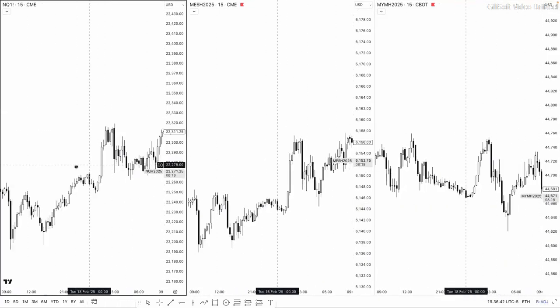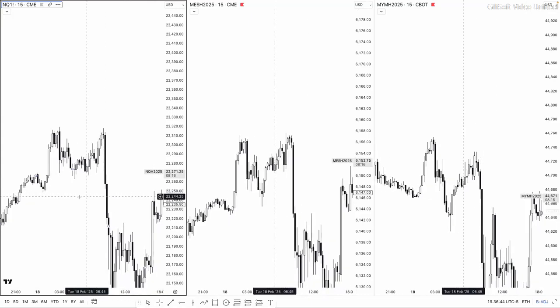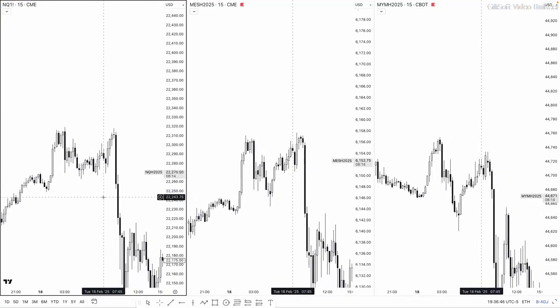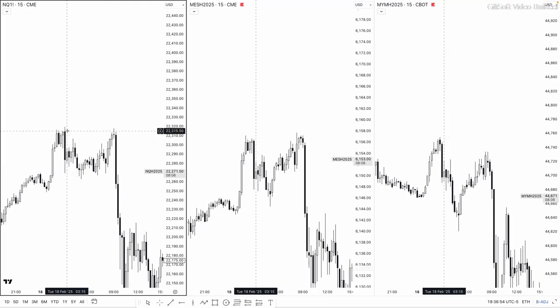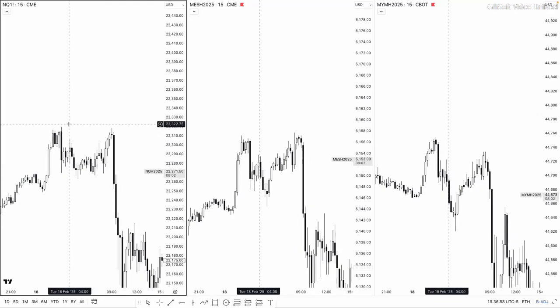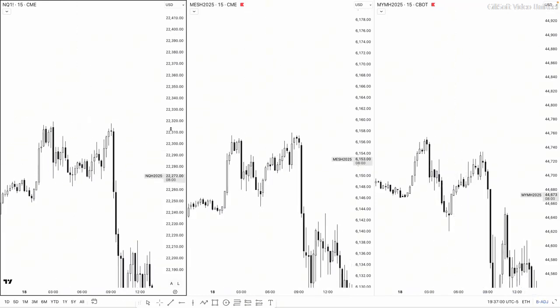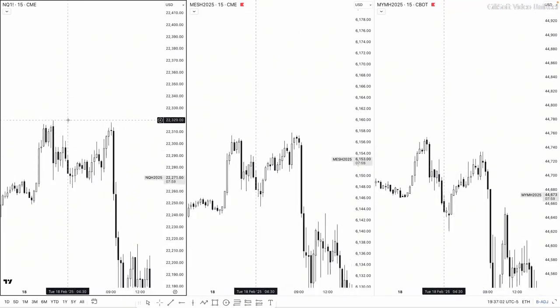Now, sequential SMT should be the number one thing that you're looking at when looking for a trade. Our PSPs are just going to be confirmations. So sequential SMT is just going to be the indication that price is preparing to reverse, and the PSP will tell you when it's going to happen.